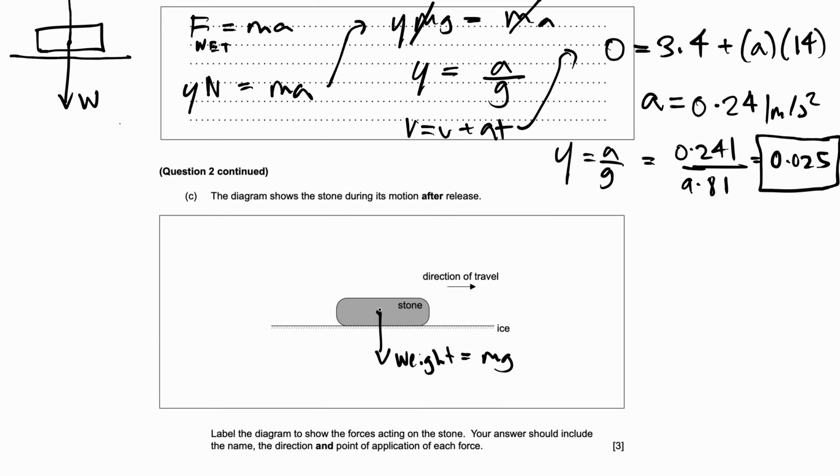We also know that there is a normal force, and we know that the only other force acting on the stone is right there, parallel to the surface, which is friction. And these are your three forces. You get 1, 2, 3.